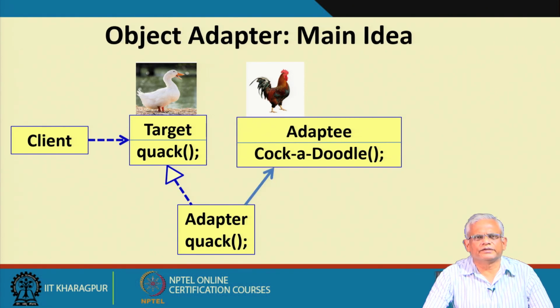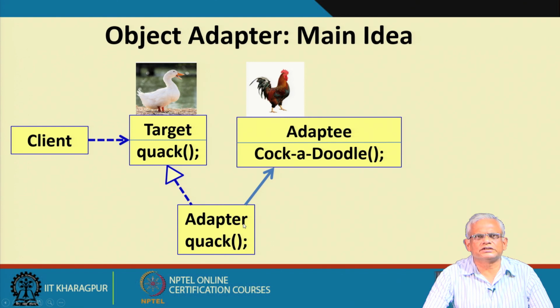In the object adapter, on the other hand, the adapter implements the target interface, that is quack, but it holds a reference to the adaptee, so the adapter and the adaptee are associated.